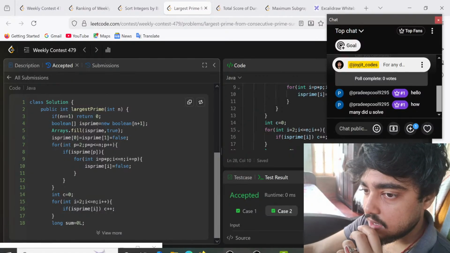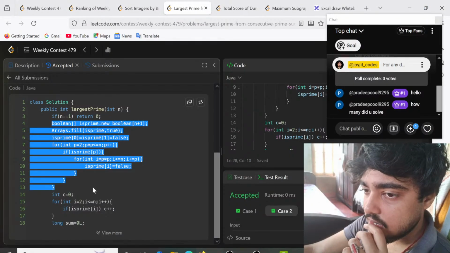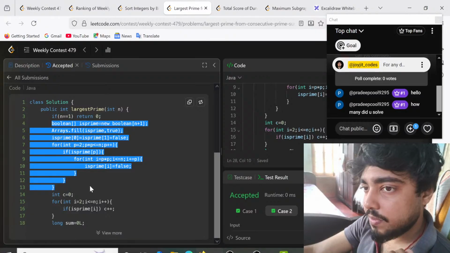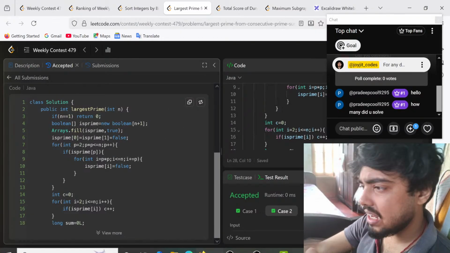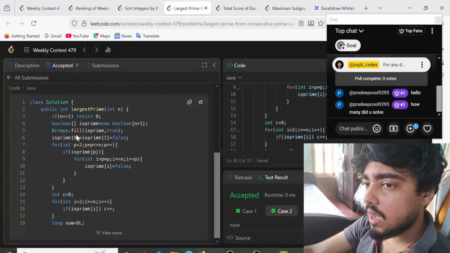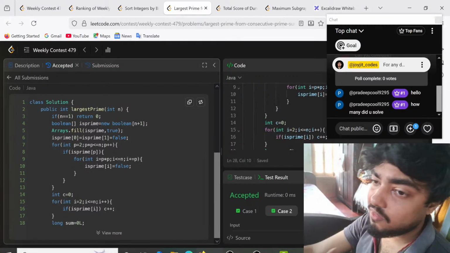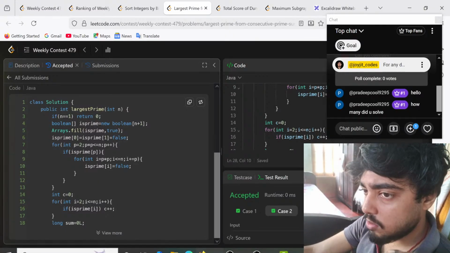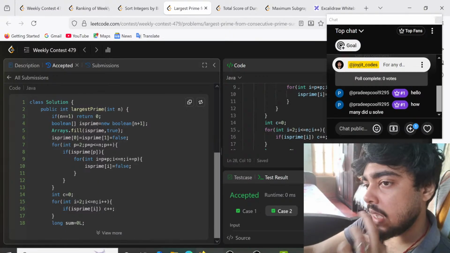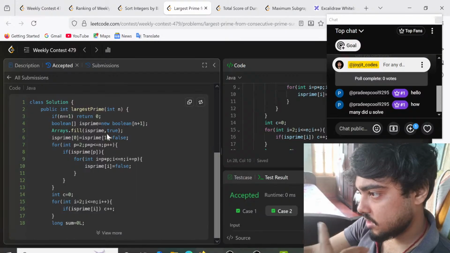So this part is nothing but the Sieve of Eratosthenes part. I'm taking a boolean array as prime. I'm filling it with true. That is, all the elements are prime for me initially, and 0 and 1 are false because 0 is not a prime number, 1 is not a prime number. Then p is equal to 2, p times p less than or equal to n. That is, I'm going to traverse till square root of n.